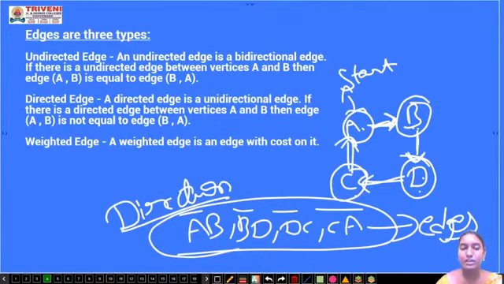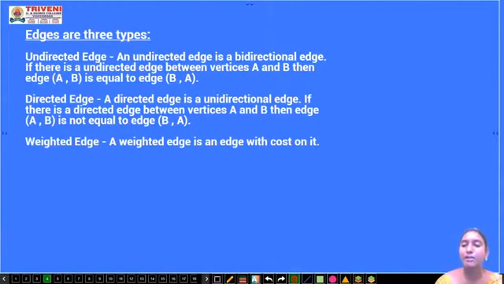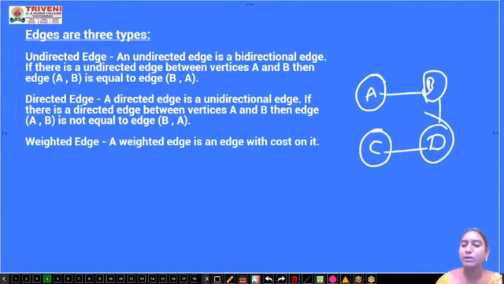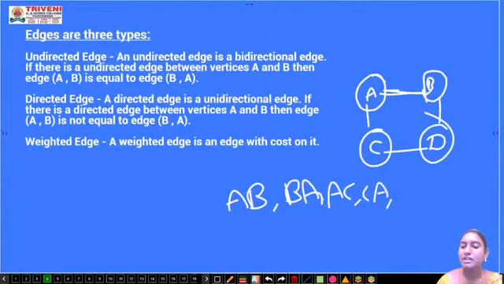And here we can observe that directed edges are different from undirected edges. Here I draw A, B, C and D, and I don't show any order. That is AB and also the order BA, AC and also CA, CD and also DC, and next BD and also DB.